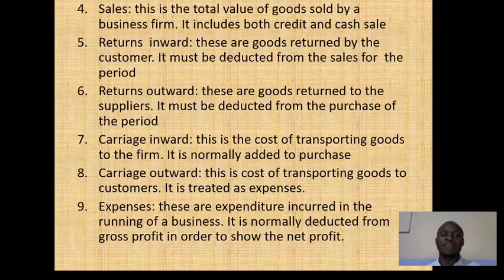Just like carriage outward, which is the cost of transporting goods to customers, such can be referred to as expenses. Expenses are deducted from our gross profit to give us our net profit, which is the actual profit.